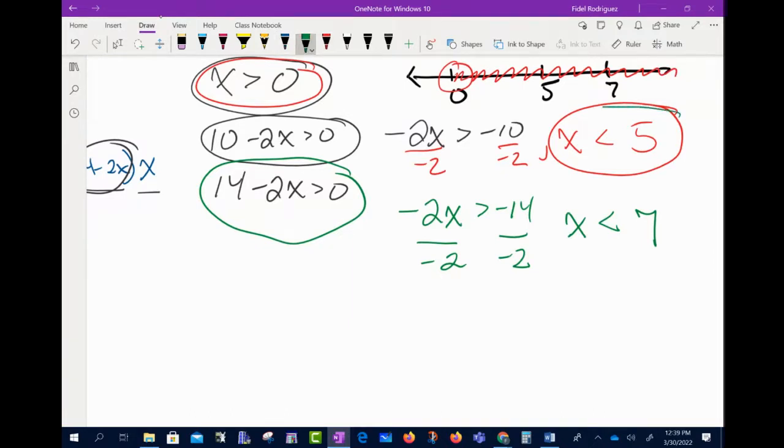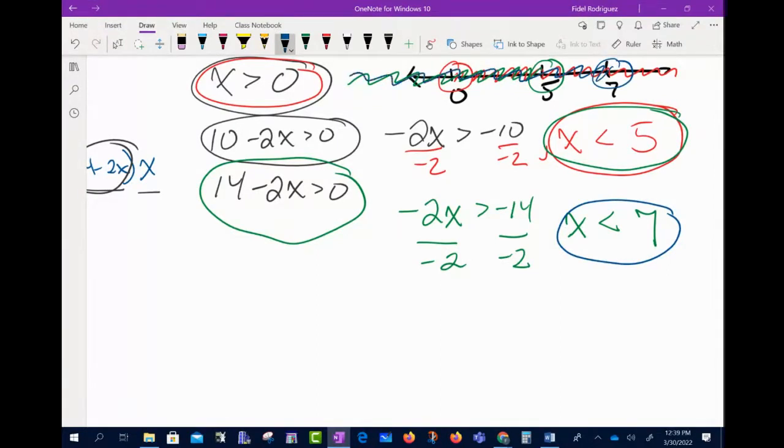Now, x also has to be smaller than 5. So put an open circle right here and shade everything to the left, okay? And we're going to do this a third time. x has to be smaller than 7. So put an open circle right here and shade everything again to the left.